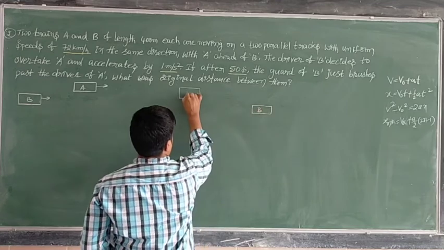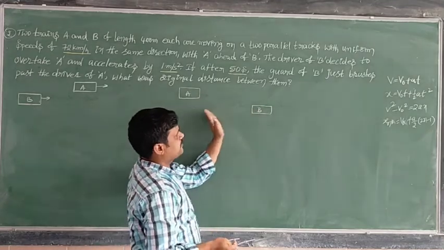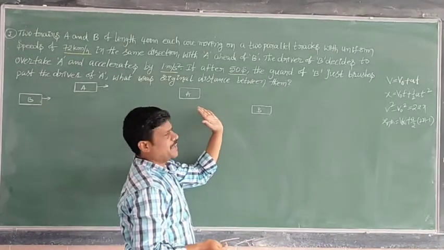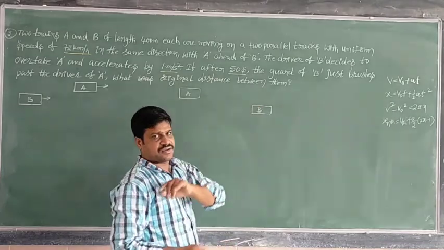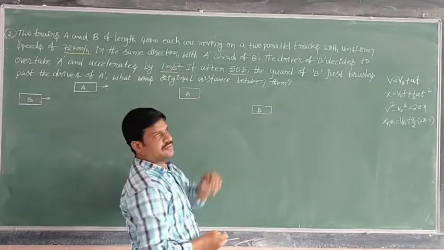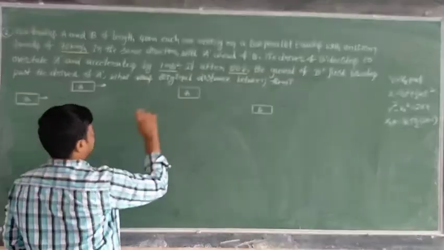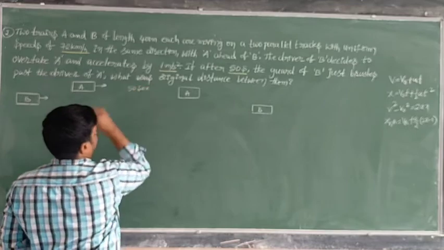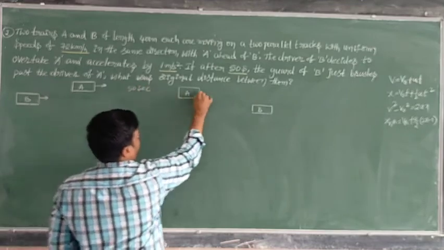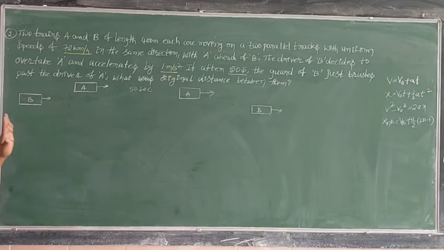The guard of B just crosses the driver of A. That means after 50 seconds the situation of the two trains is like this. Then the question is: what was the original distance between them?